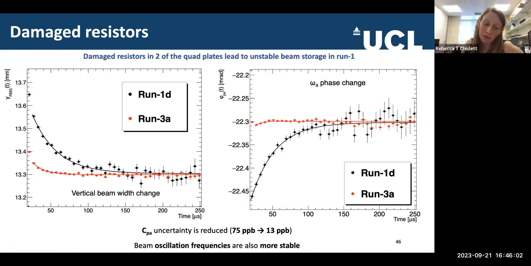This also helps with the spin precession measurement itself, because the beam oscillation frequencies are more stable. When the quadrupole strength was changing over time, the frequency of the beam oscillations was also changing, which made it a lot more difficult to fit.